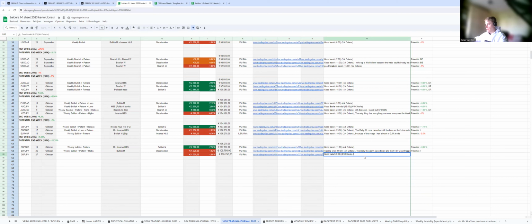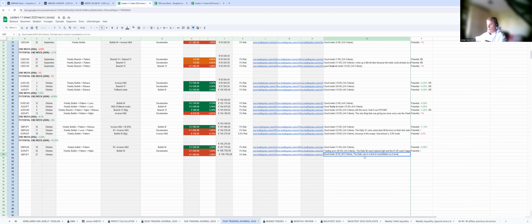Then we can see the daily was in a kind of consolidation.